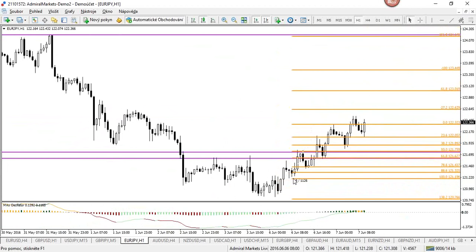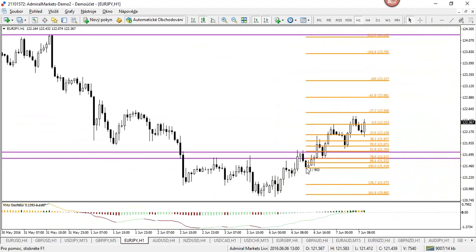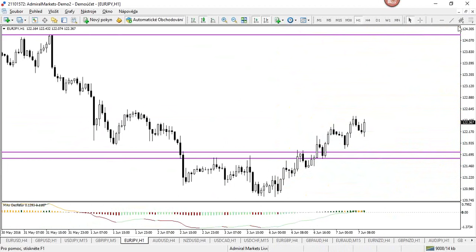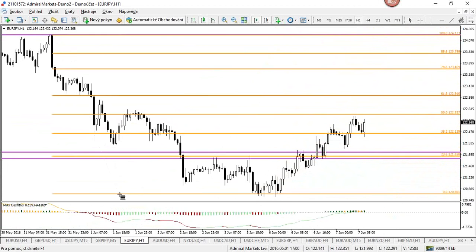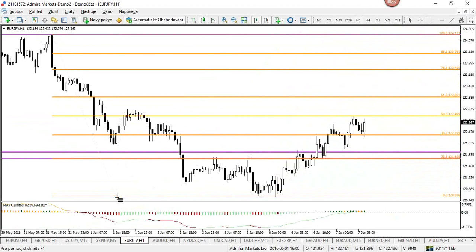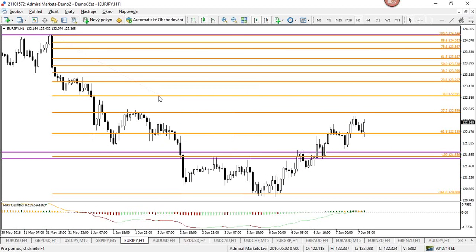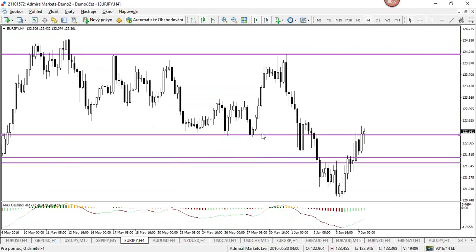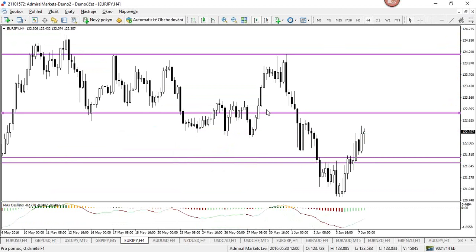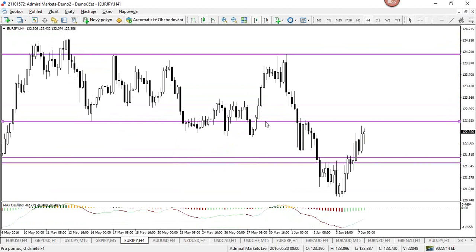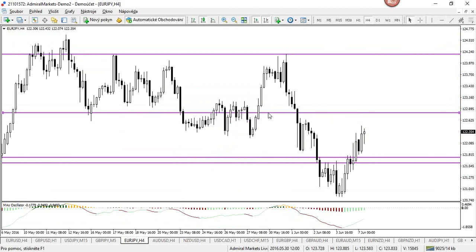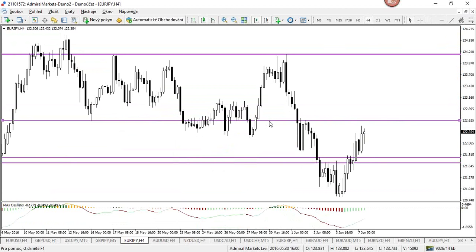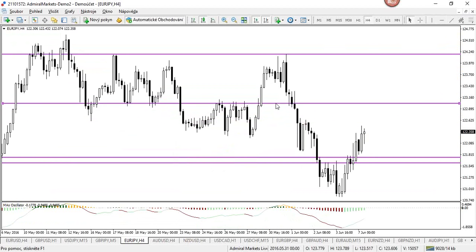If you use fibs as a target tool, maybe actually let me do this. 122.90 is the target. 122.50 could be an important level too, but that's close by.